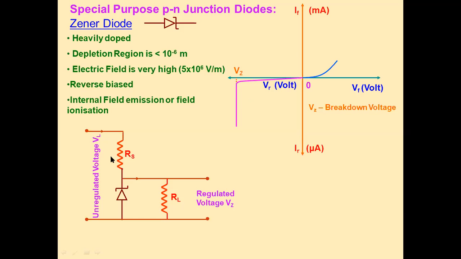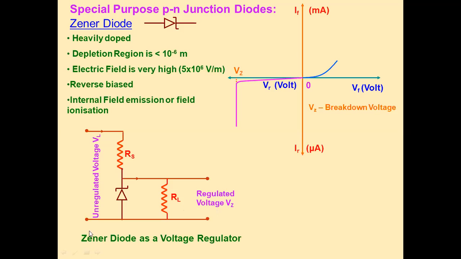Then we'll see the circuit diagram of Zener as a regulator. Unregulated power supply is applied across the Zener diode with a series resistance to control the current, and this Zener diode is in reverse biasing. Then the output voltage across the load resistance remains constant, or we can say we get regulated voltage at the output.